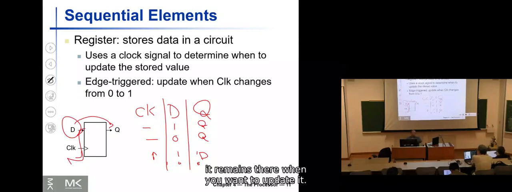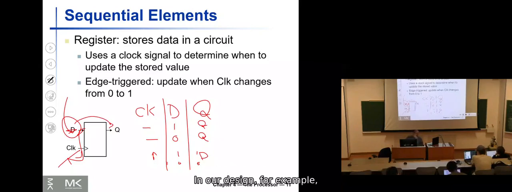When you want to update it, then again, you provide your desired data here, and you provide a rising edge clock, and then it writes there. Okay? This is a very basic element of a memory element, and we are using these in our design.